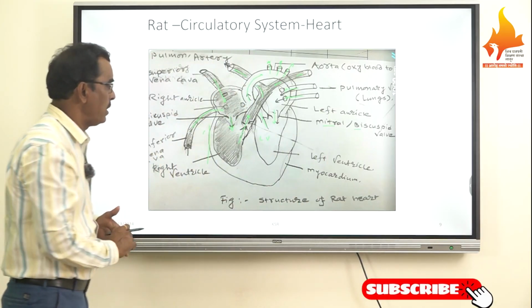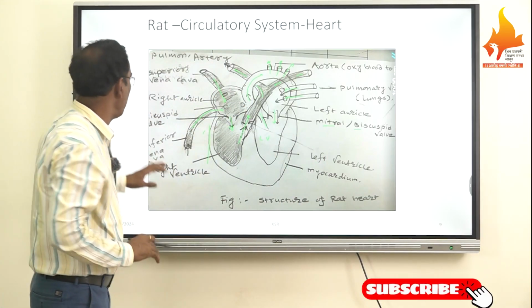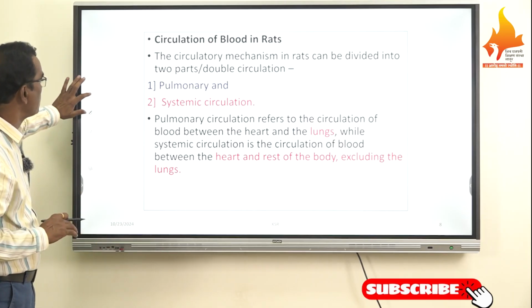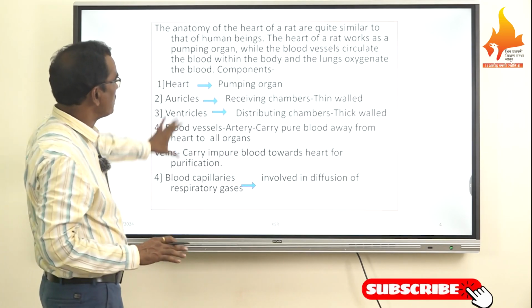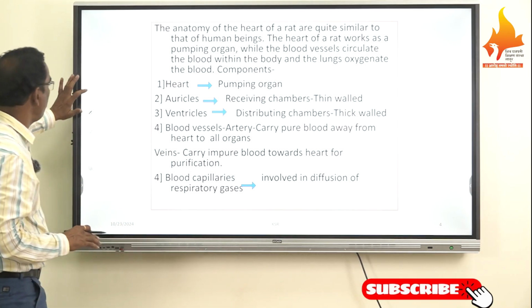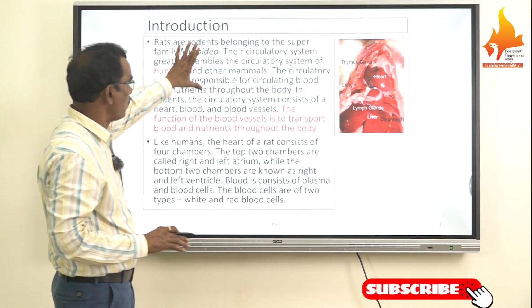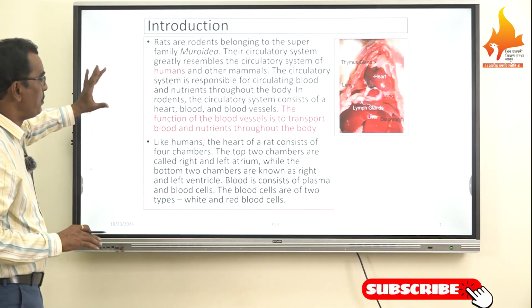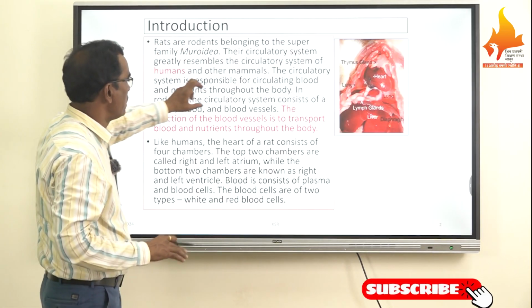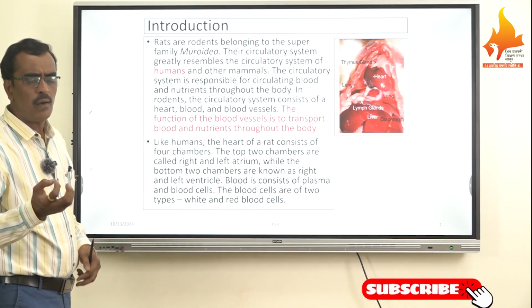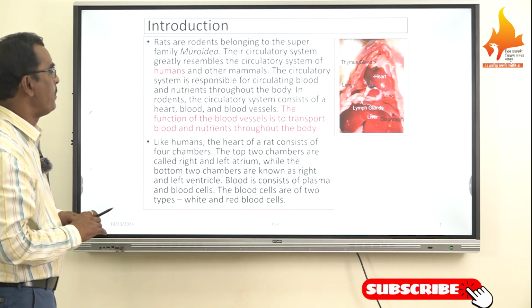Now this is the internal structure, this is the anatomical aspect of the heart, and you have to explain about the components of the heart right from the beginning. You have to explain that rats are rodents, these are mammals and have a heart similar to human beings, but the heart of the rat is a miniature of the mammalian heart.